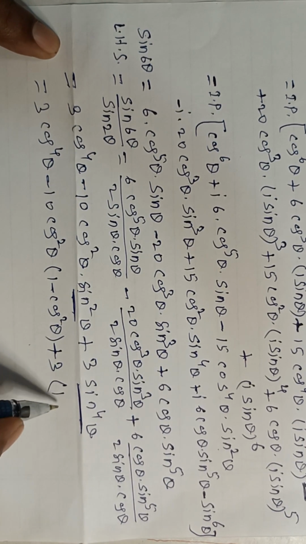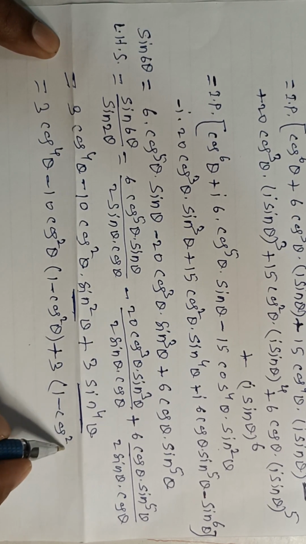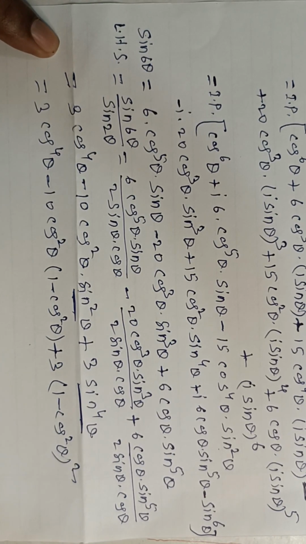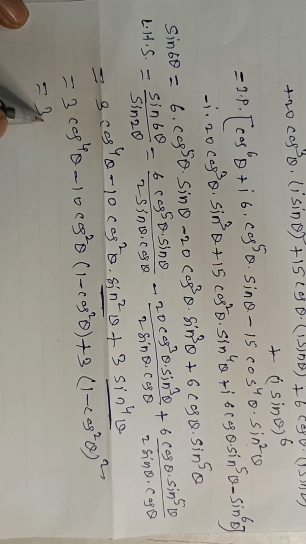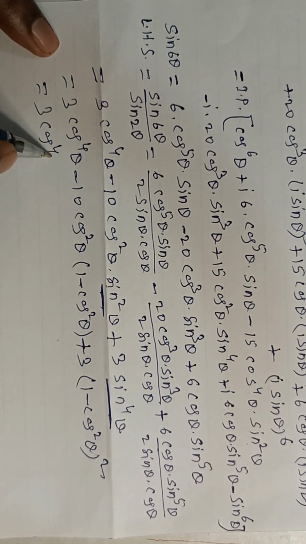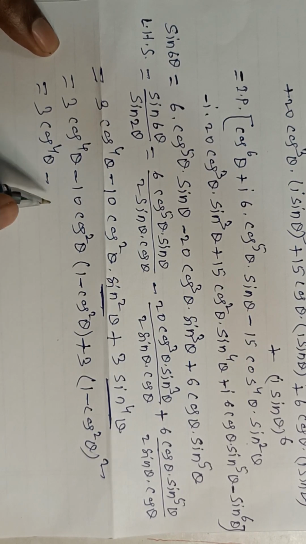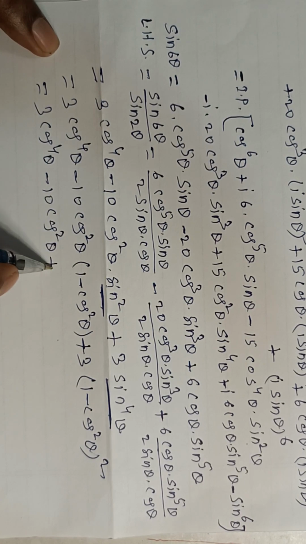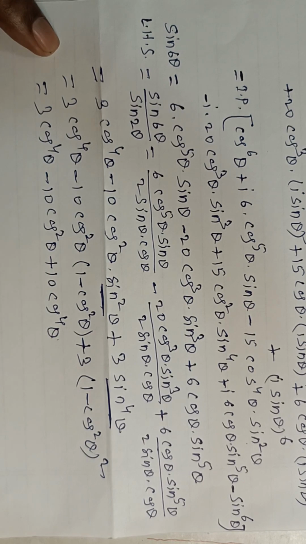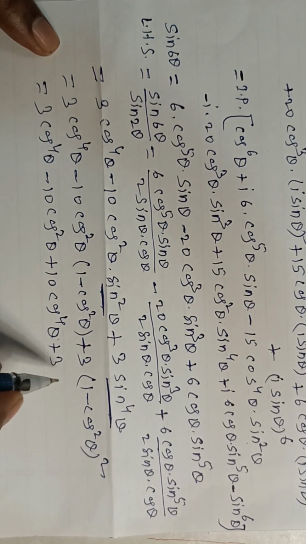Sin square theta is 1 minus cos square theta, square of this. Expand: this is equal to 3 times fourth power of cos theta, minus 10 times cos square theta, plus 10 times fourth power of cos theta, plus 3.